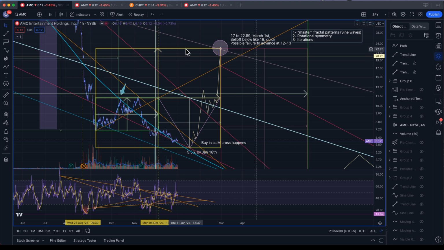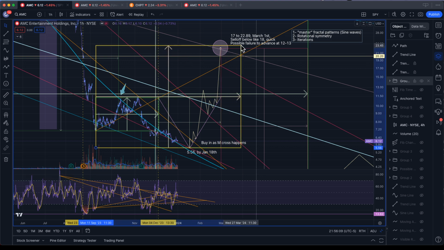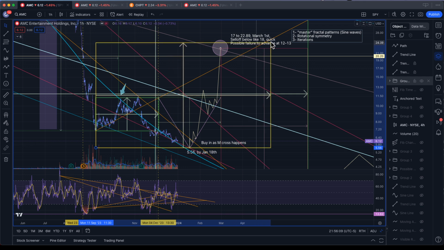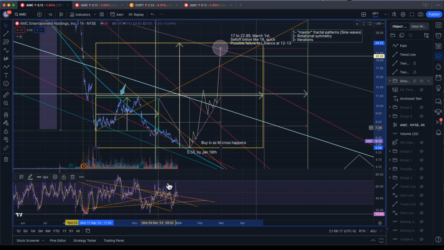Now, there is another possibility, which is this takes way, way longer, and we've actually not even had that middle line advancement yet. Right here, this is early, and this is some kind of a bounce, and we're still going to get that middle line advancement.